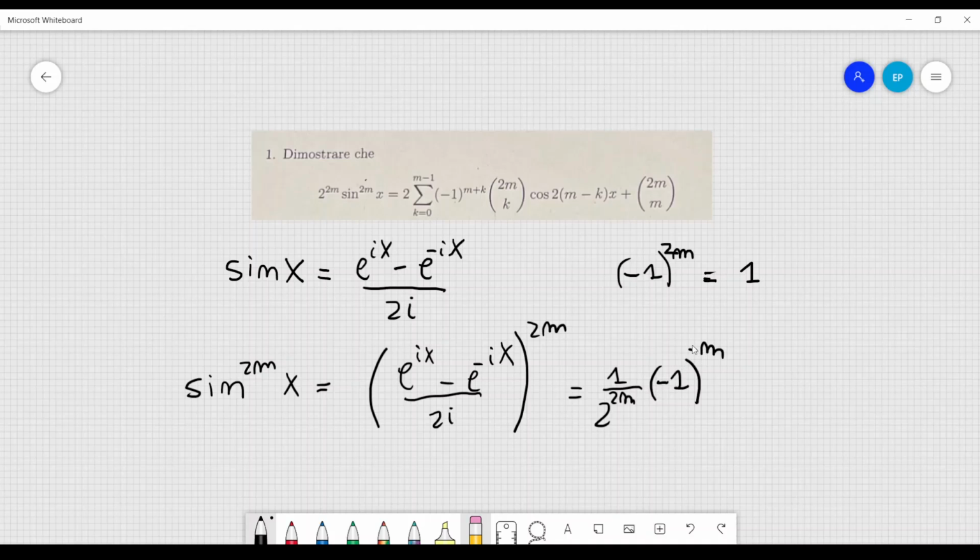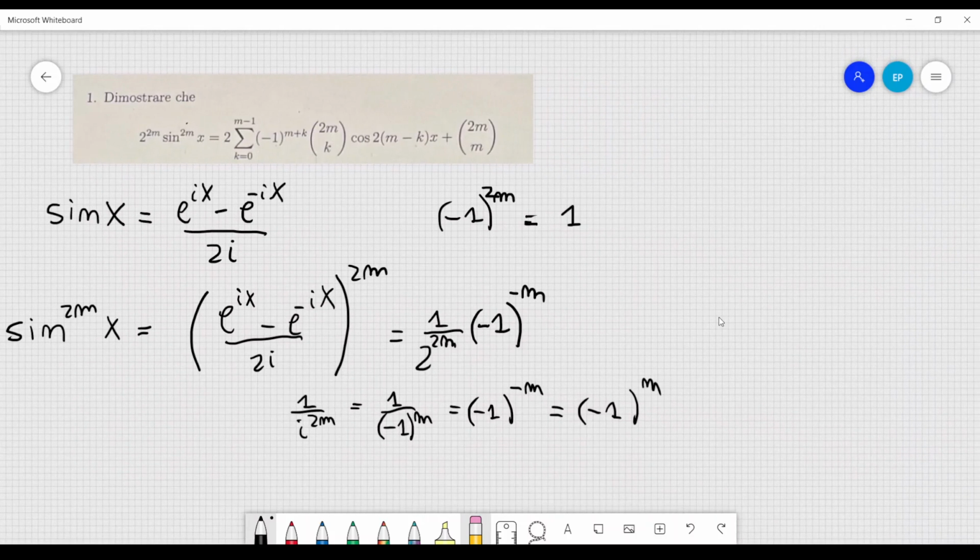I can either write minus m or plus m when I have a minus 1 to some power, because it is not really important. Okay, but I started from 1 over i to the 2m, which is equal to 1 over minus 1 to the m, which is equal to minus 1 to the power minus m, but it is also equal to minus 1 to the power m. So this makes no difference.